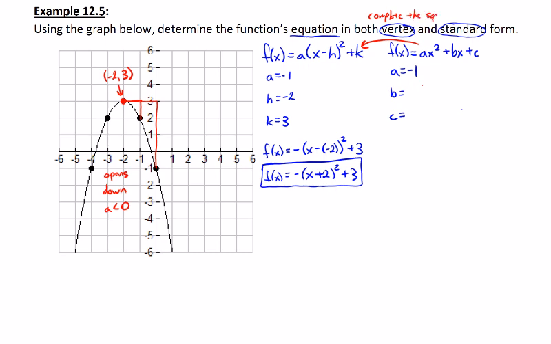What we haven't done yet is discuss how to go from vertex form to standard form. So what I'm trying to say here is that we don't have to try to completely build the standard form equation from scratch. Why not just use the result that we currently have for the vertex form? Since the two formats are really representing the exact same function, they're just different versions of the equation, I should be able to use one to get to the other.